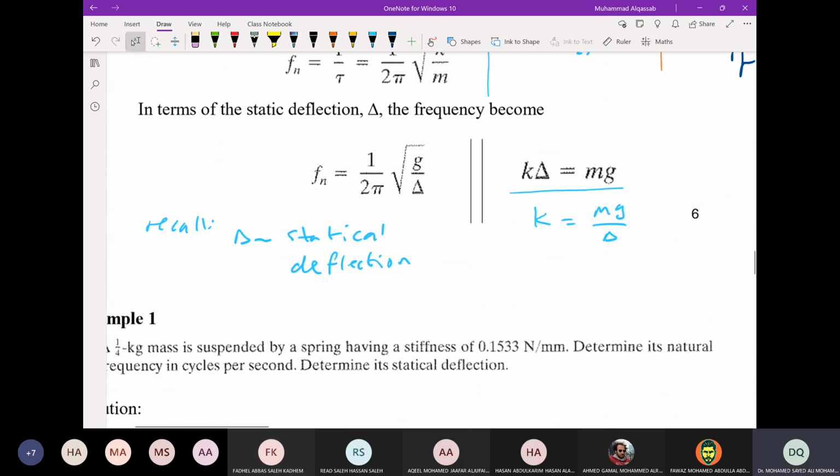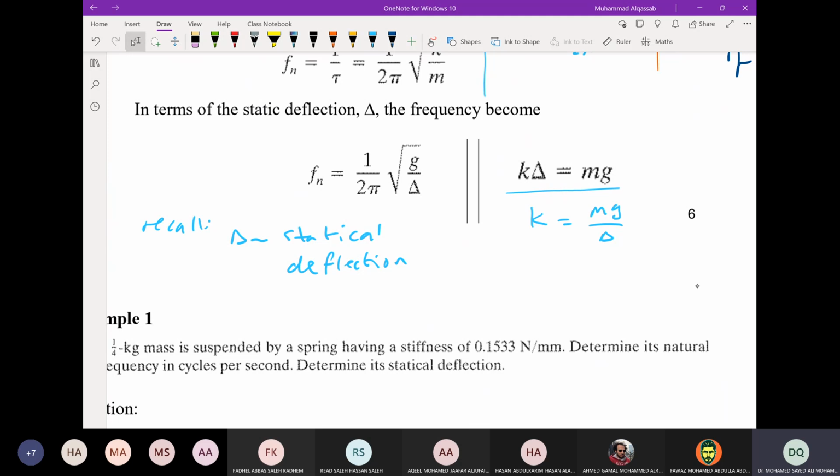Similarly, omega n equals square root of k over m, which also becomes square root of g over delta.